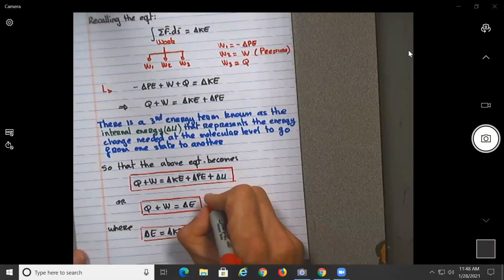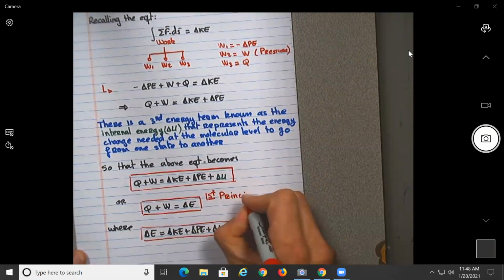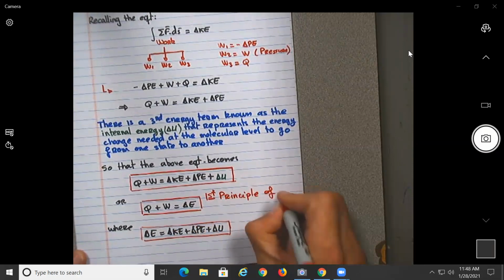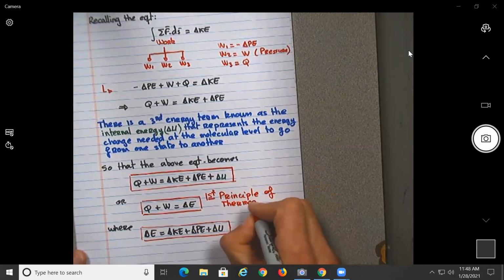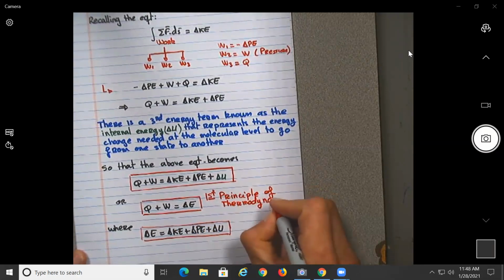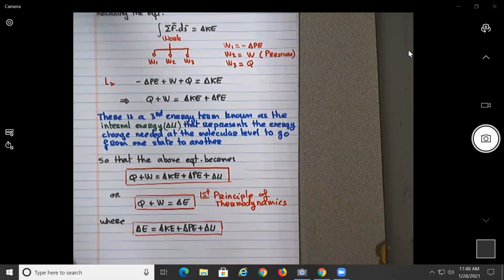Okay, and this equation here is the first principle of thermodynamics.